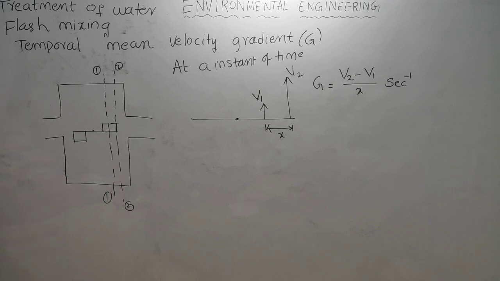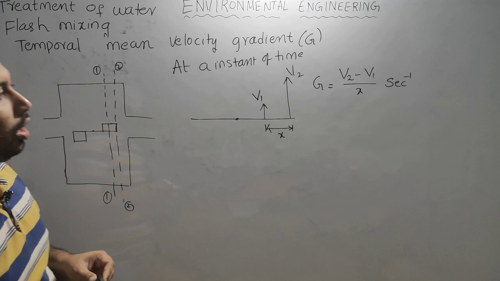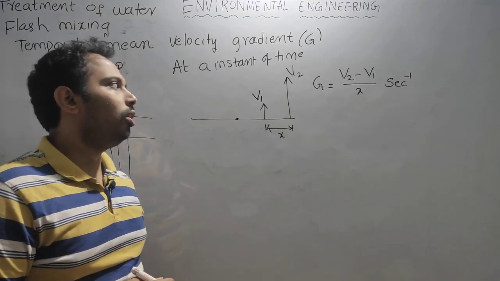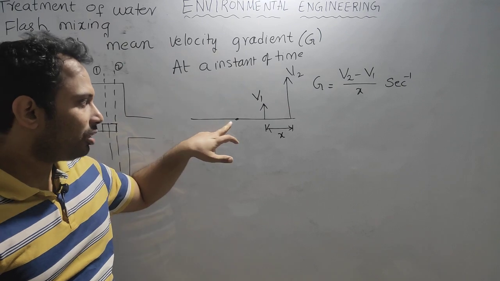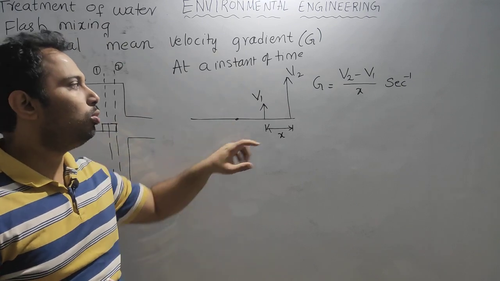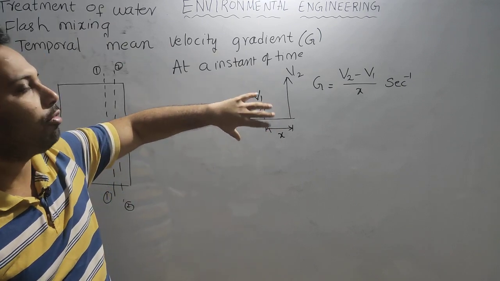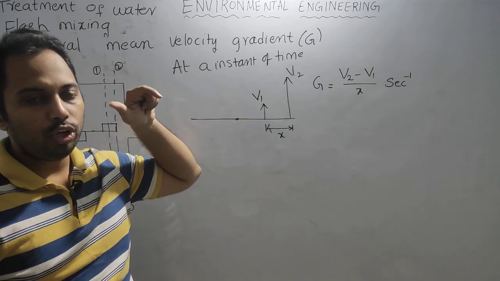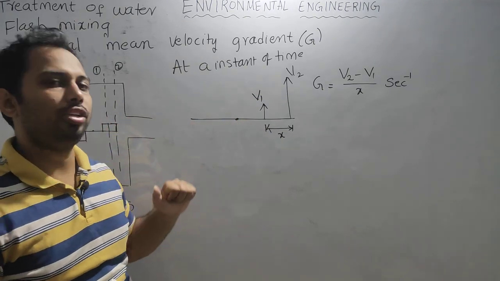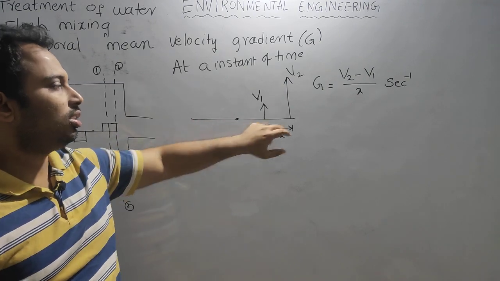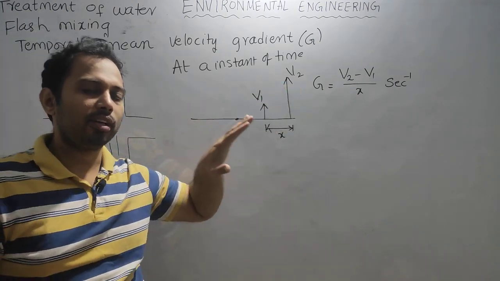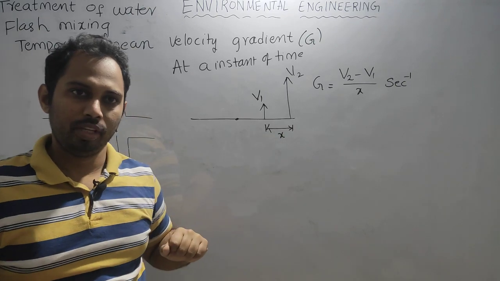And here G, we are looking at from the velocity point of view. If you look at G from the shaft point of view, that means how you are making this shaft rotate by giving some mechanical energy from power energy, we can also control this G from the power supplied to the shaft.